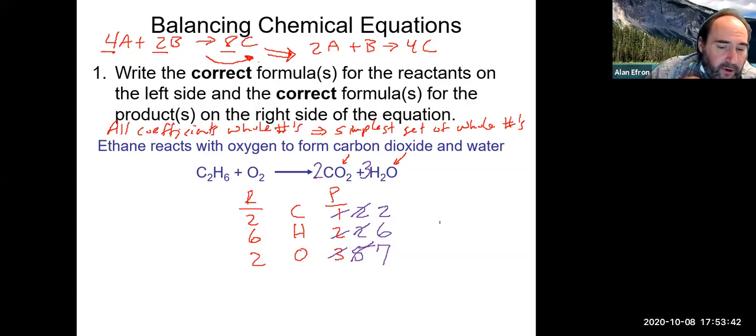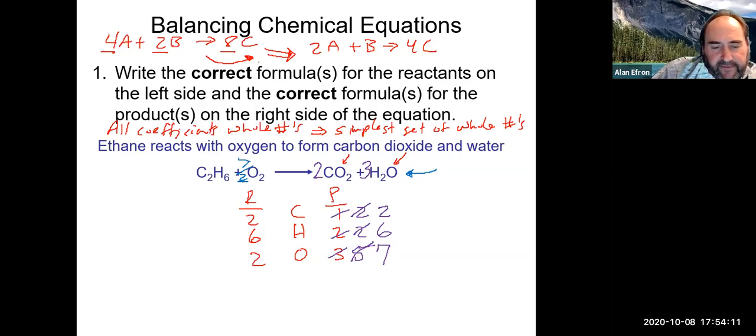At this point, we want to fix the oxygen. We clearly don't want to do too much on this side since we've already put numbers in there. If we went back and started changing things, you'd never move forward. So we really do have to focus on the oxygen on this side. We basically need to turn our 2 into a 7. One way to do that is to use 7 over 2.